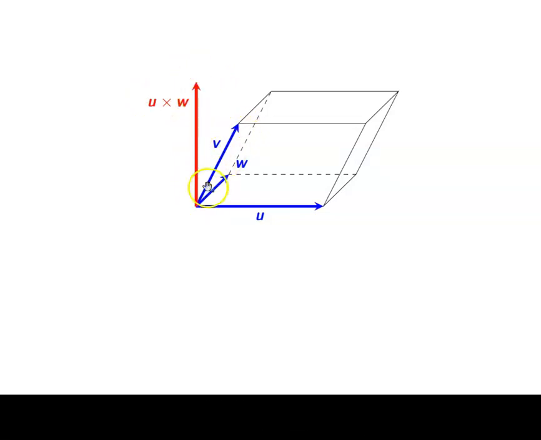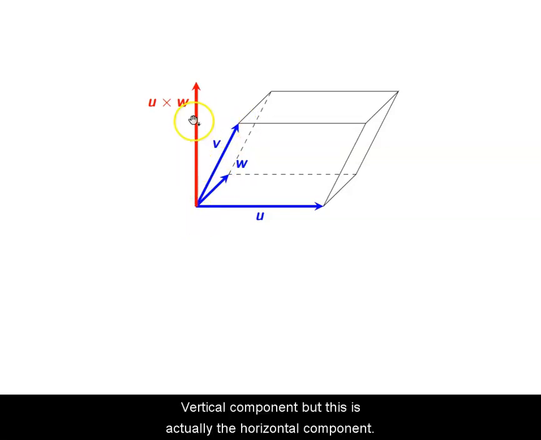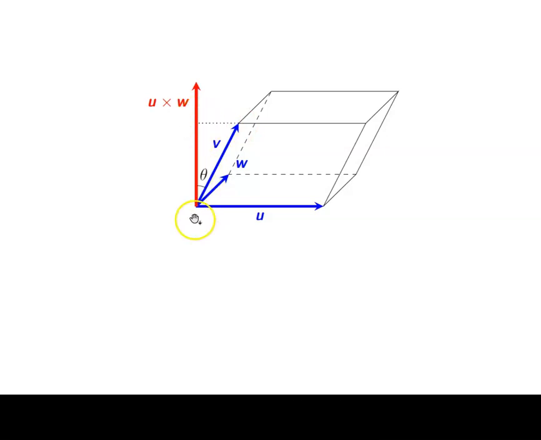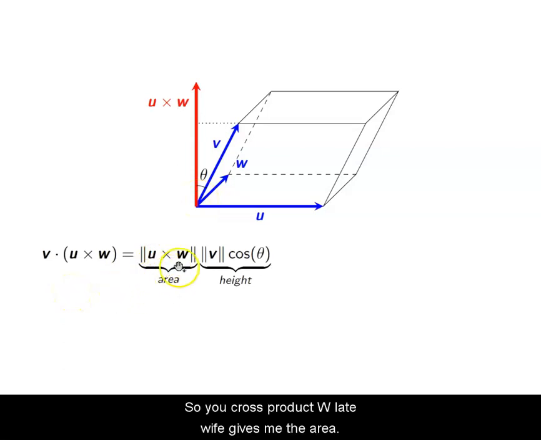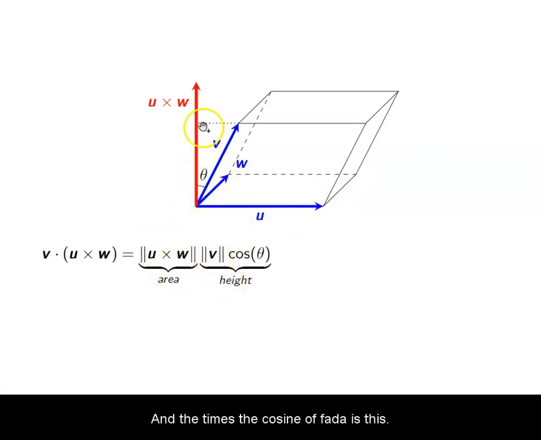I can use, not the vertical component, but this is actually the horizontal component of v. So I can use this v, which would be cosine theta times the length of v. So u cross product w lengthwise gives me the area. We've seen that before. And v times the cosine of theta is this, which gives me the height.